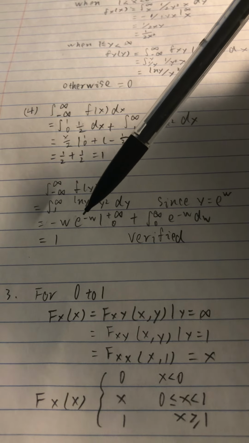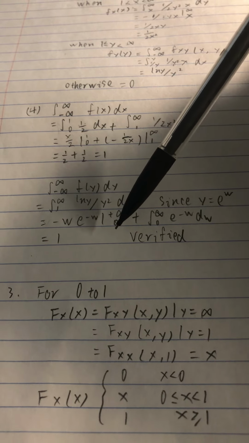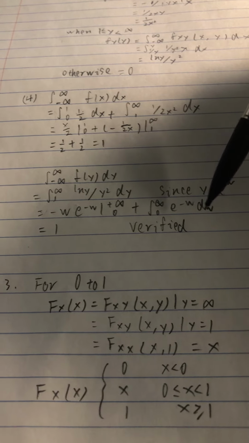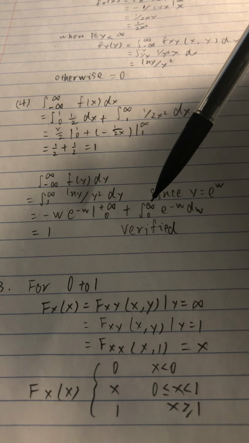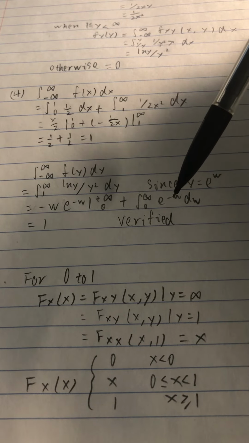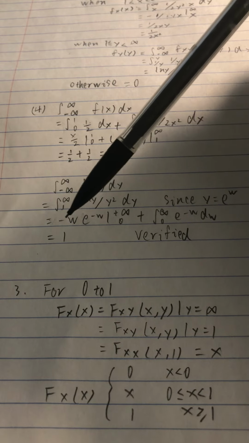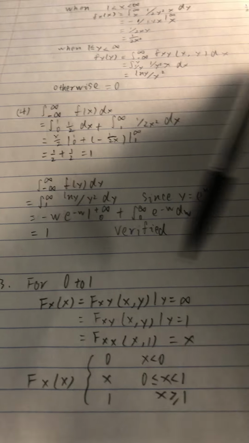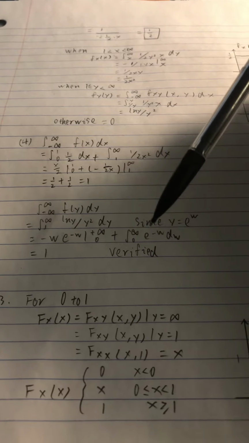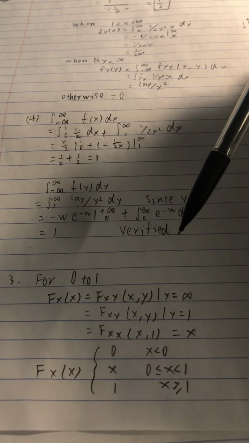Negative w times e to the power of negative w, between positive infinity and 0, plus the integral of e to the power of negative w, between infinity and 0, which is also equal to 1. So through those two parts, these functions of x and y are both valid density functions. That's it for question number 2.